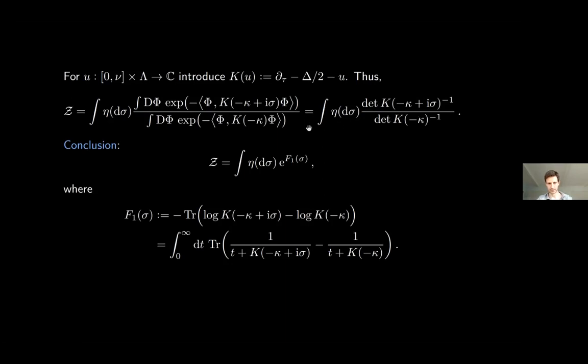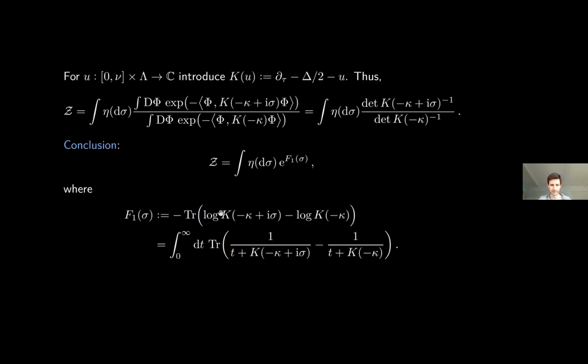So let me summarize. I've shown that this relative partition function is given by the integral over this auxiliary Gaussian field of this quantity e to the f1 of sigma, where f1 is the logarithm of this ratio of determinants. And you can express a logarithm of a ratio of determinants as a trace of differences of logarithms.